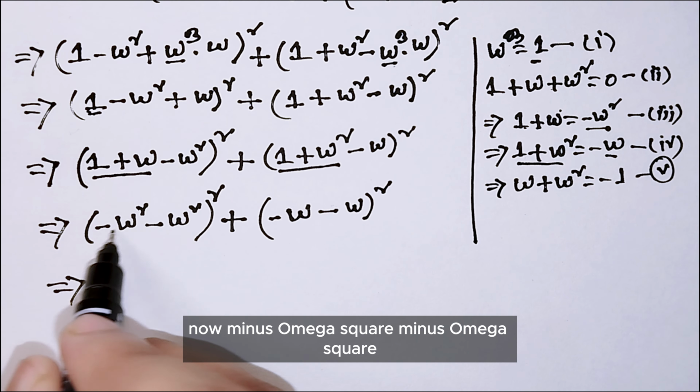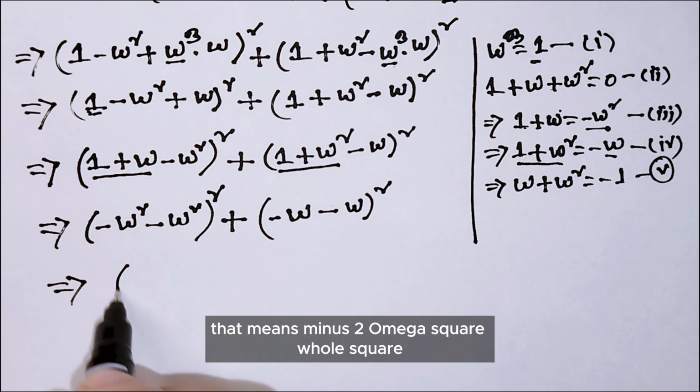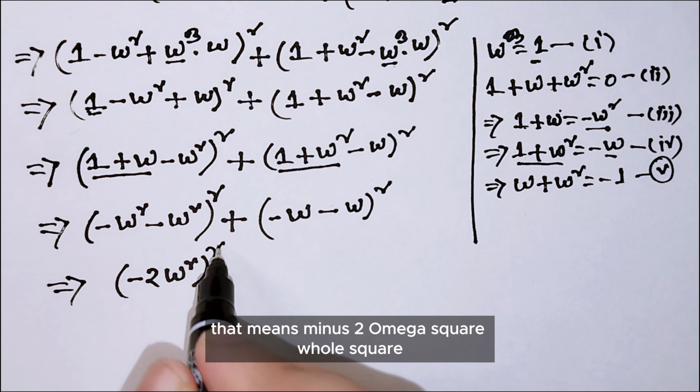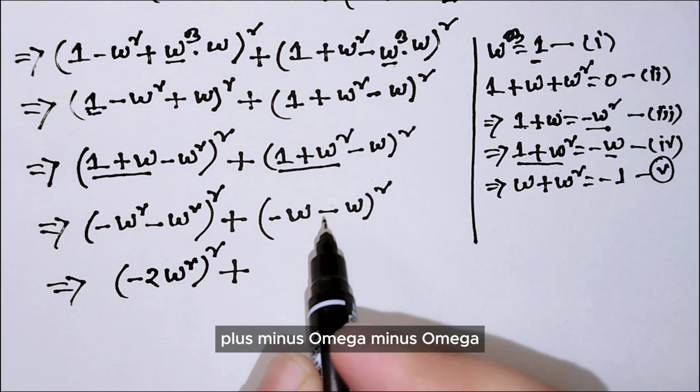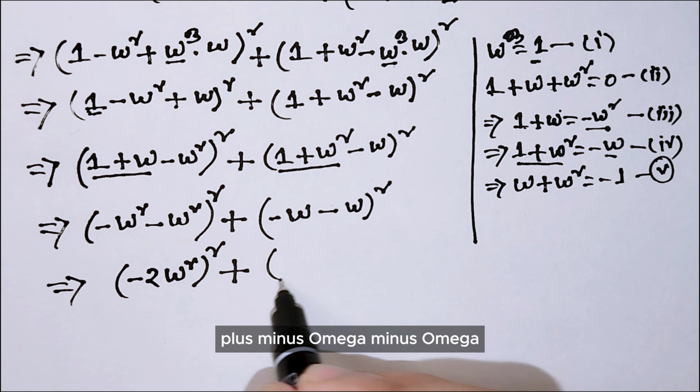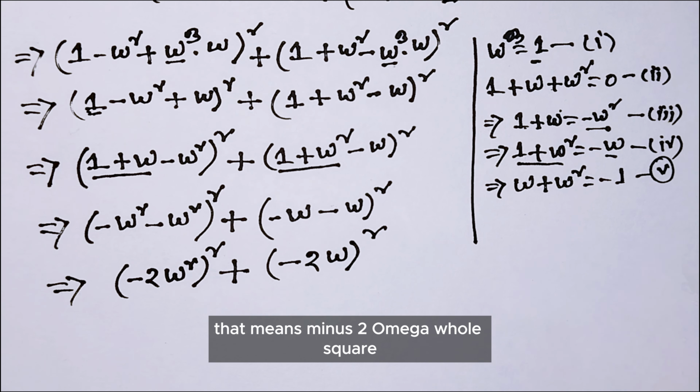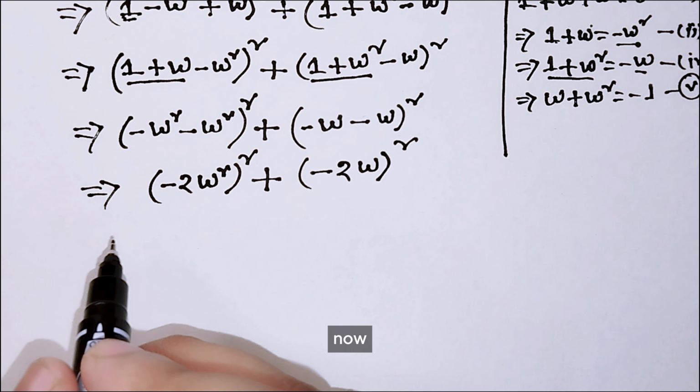Now minus omega square minus omega square means minus 2 omega square, whole square, plus minus omega minus omega means minus 2 omega, whole square.